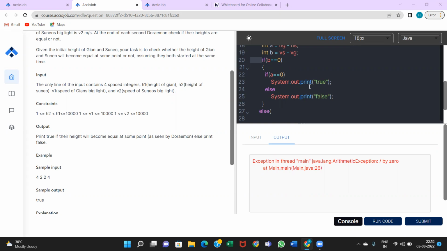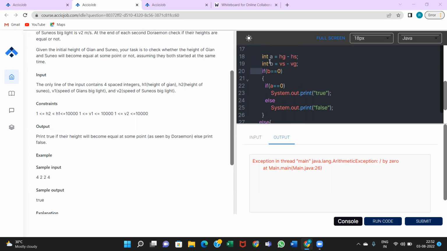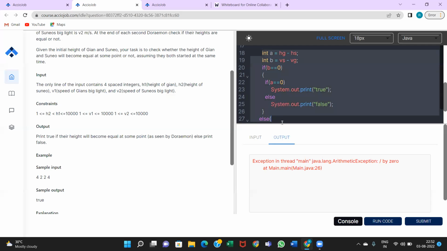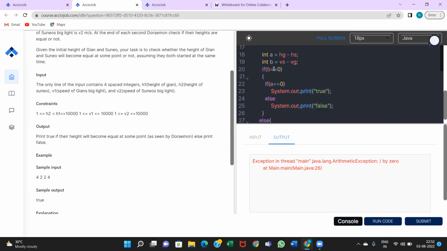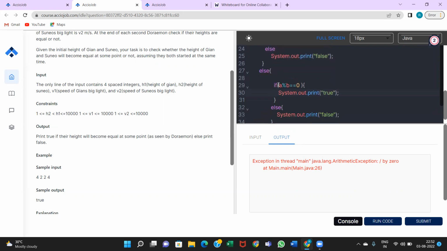In the worst case also, it will be O of 1 only, because you are just calculating the value of A and B, and checking whether they are divisible with each other or not. Just ignore O and all.